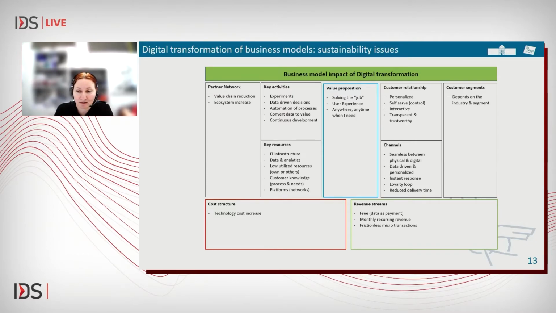We have here experiments, data-driven decisions, automation of business processes, converting data to value, continuous development. And key resources: IT infrastructure. We need data and analytics. We need low utilized resources. Customer knowledge is important for us, and platforms.